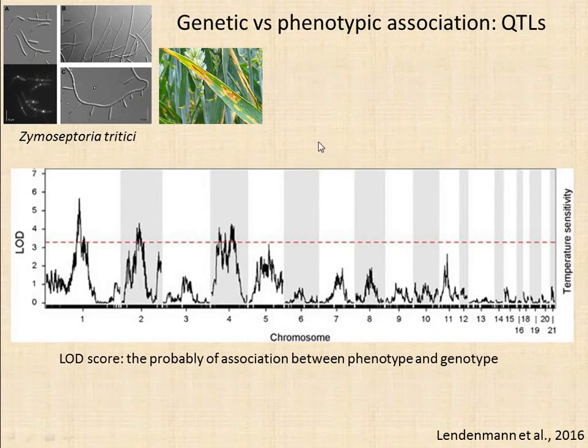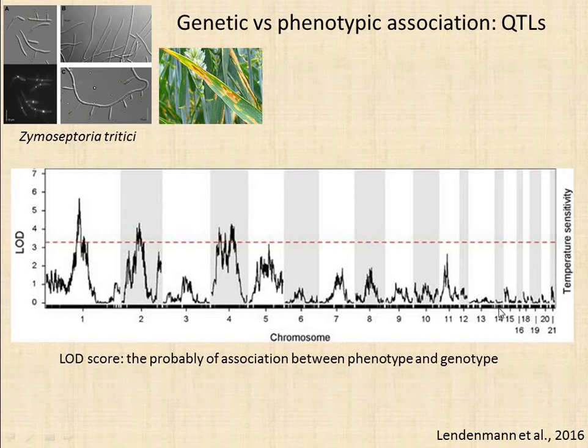For that, they did a QTL analysis on this fungus for the trait of temperature sensitivity, because the authors assumed that this fungus has some temperature sensitivity, which could explain why it could be found on some regions of wheat and others not. So they created lines of different fungi, and looked whether they could find temperature sensitivity QTLs responsible for this.